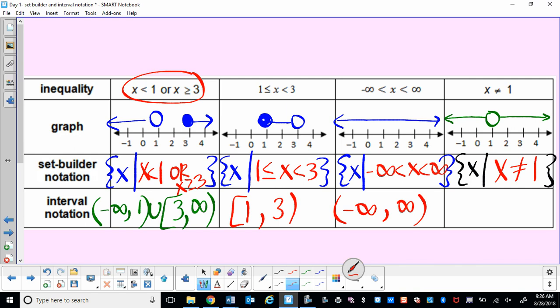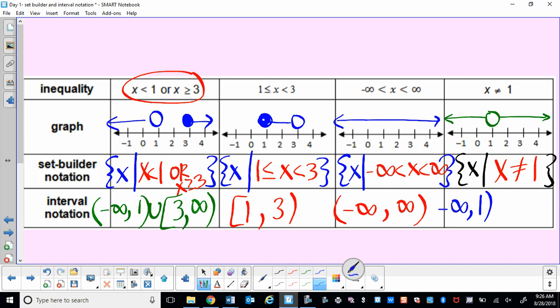And for my interval notation, if I'm going from left to right, I'm coming from negative infinity. I get to the number 1. Is 1 going to be included? No, this doesn't equal 1, so that gets a parentheses.